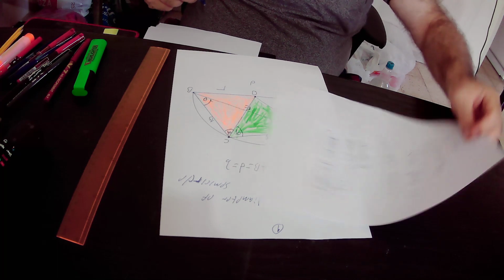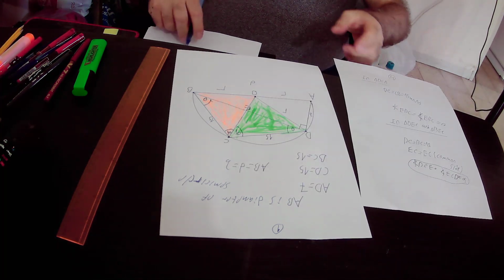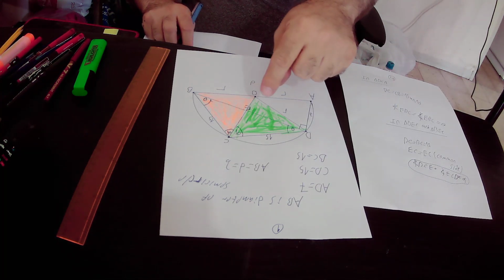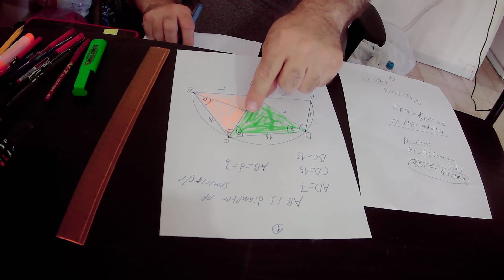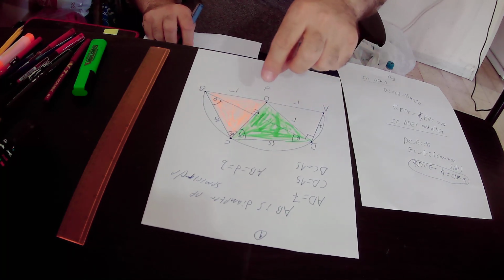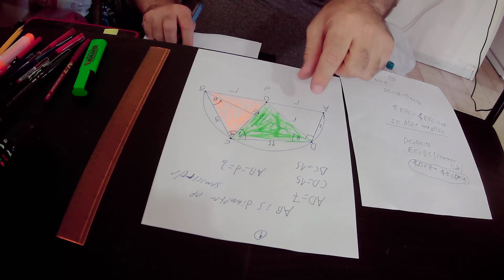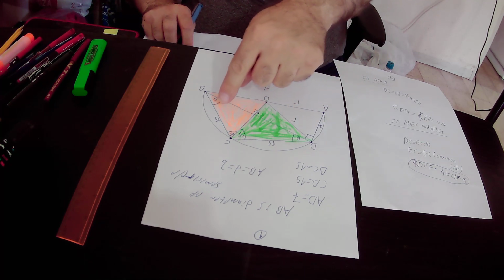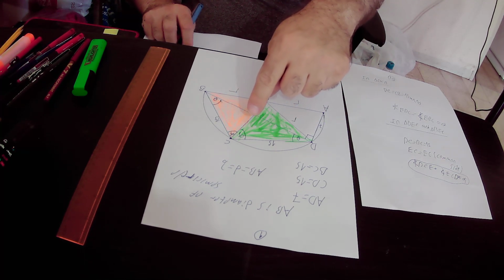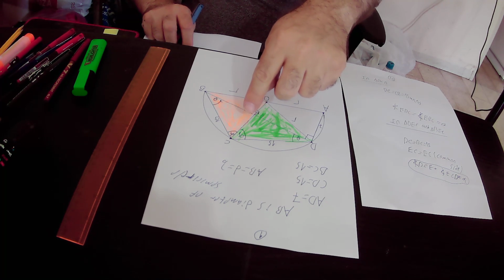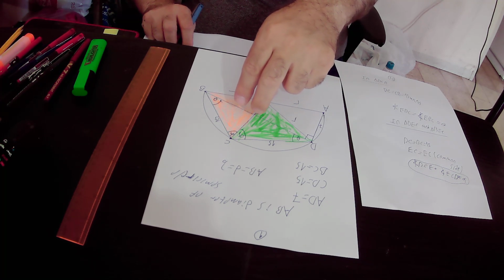Okay, so actually we have two sides and the angle between those two sides that are equal in those two triangles. This side is equal to this side, a common side, and the angle between those two sides is also equal in both triangles.